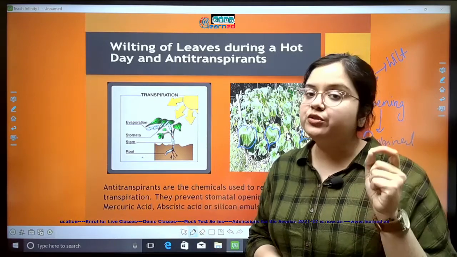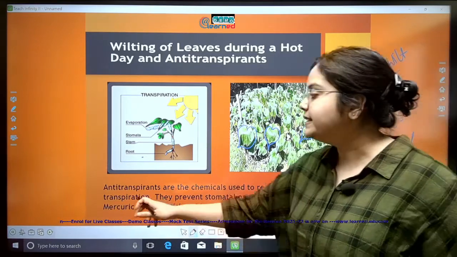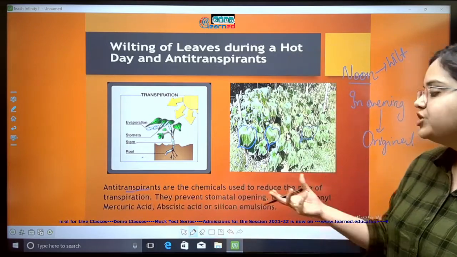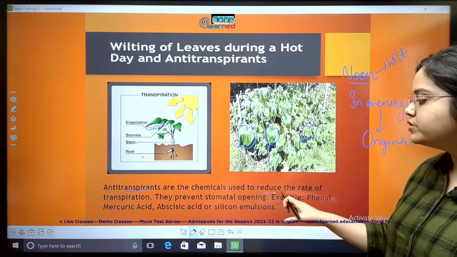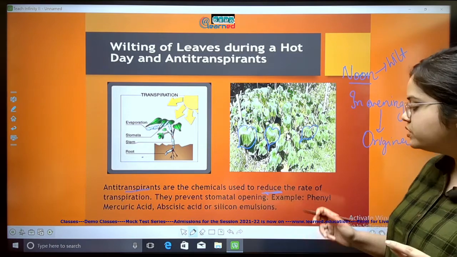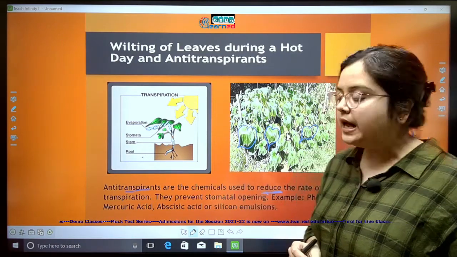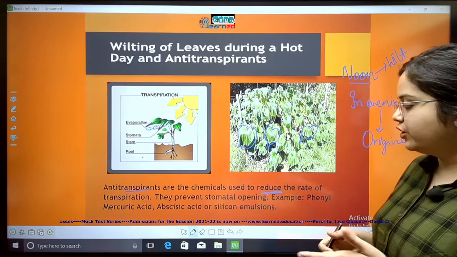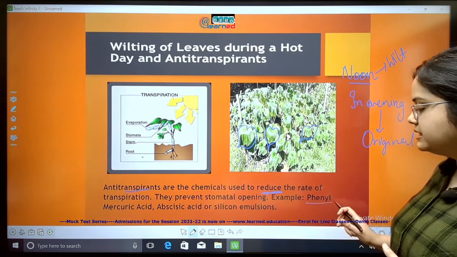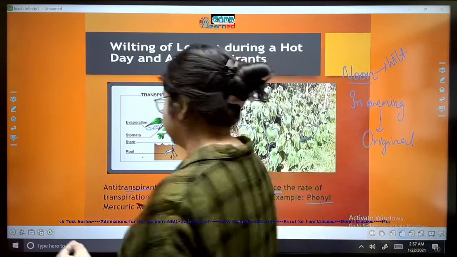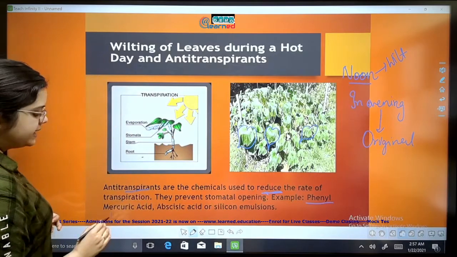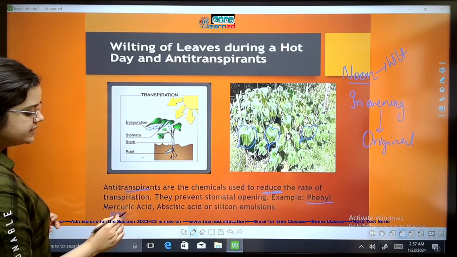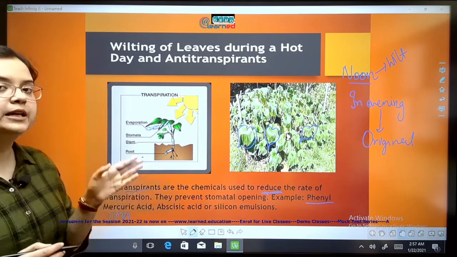So, in order to reduce that, we have some antitranspirants, which are chemicals used to reduce, mark the word reduce, the rate of transpiration. They prevent stomatal opening, so they can be sprayed on the plants, chemicals like phenyl mercuric acid, which is PMA. In the exam they can give you this as PMA, they may not mention phenyl mercuric acid.